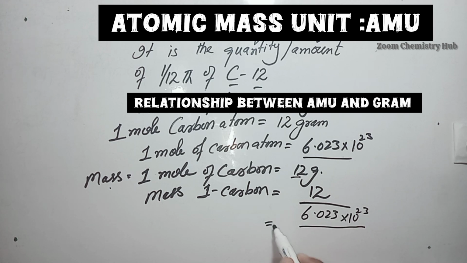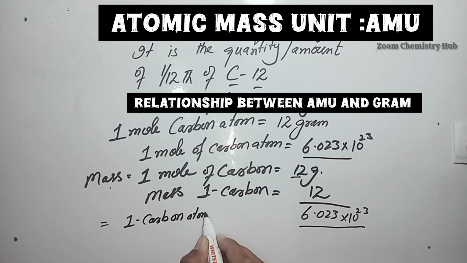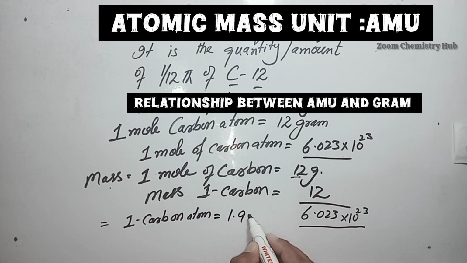So after dividing this, we get the quantity of 1 atom of carbon. That is, 1 atom of carbon contains mass 1.99 multiplied by 10 raised to power minus 23 gram.